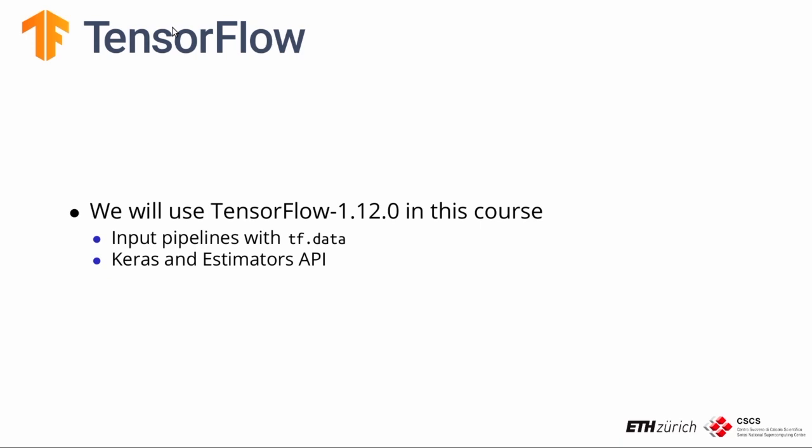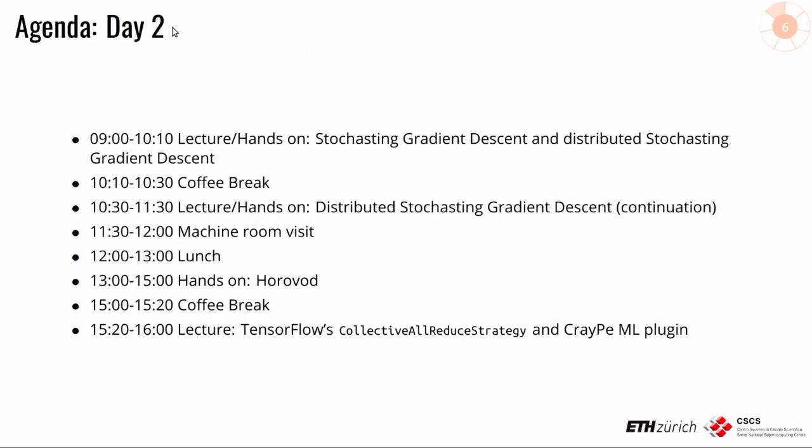We are going to do all the examples using Keras and estimators. Everything that we learn, at some point we will try it with Keras, and we will try it with estimators. We will also show how to use low-level APIs, but it's not going to be the most important part.